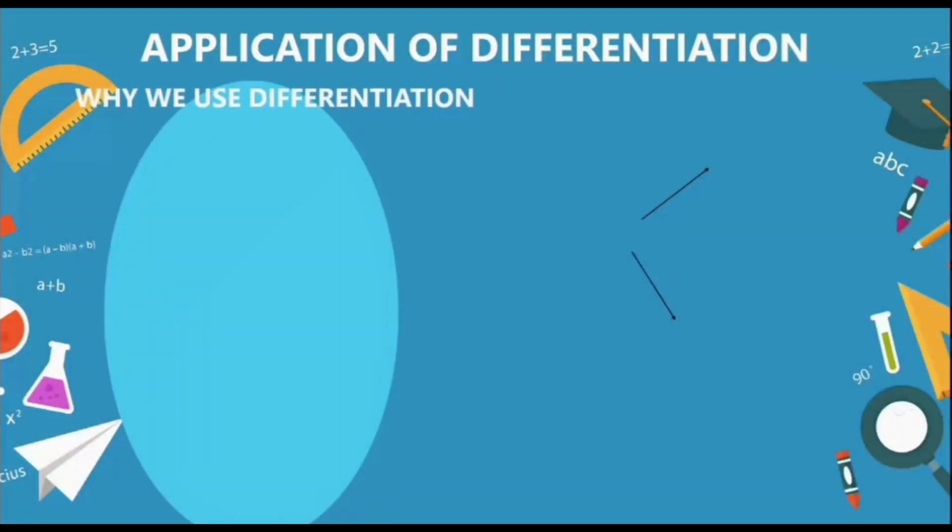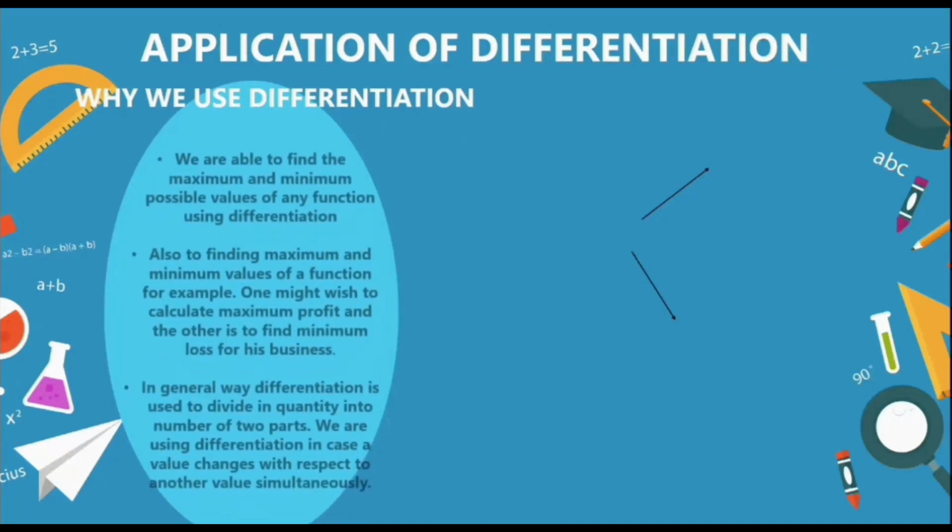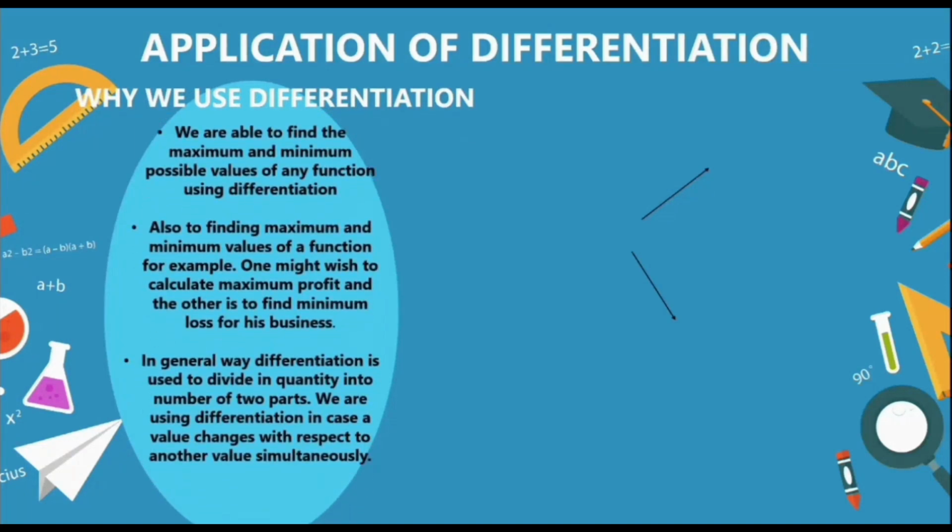So why do we use differentiation? First, we are able to find the maximum and minimum possible values of any function using differentiation. For example, one might wish to calculate the maximum profit or the minimum loss for a business. In a general way, differentiation is used to divide a quantity into two parts.